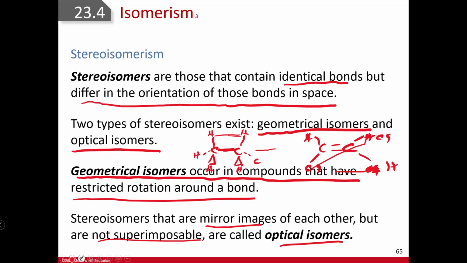And the two types of stereoisomers that exist are the geometrical isomer, where the bond is fixed, and so therefore there's restricted rotation, and again, double bonds are a good example. And then optical isomers, where you have a mirror image of something, but they're not superimposable. So we're going to see that.